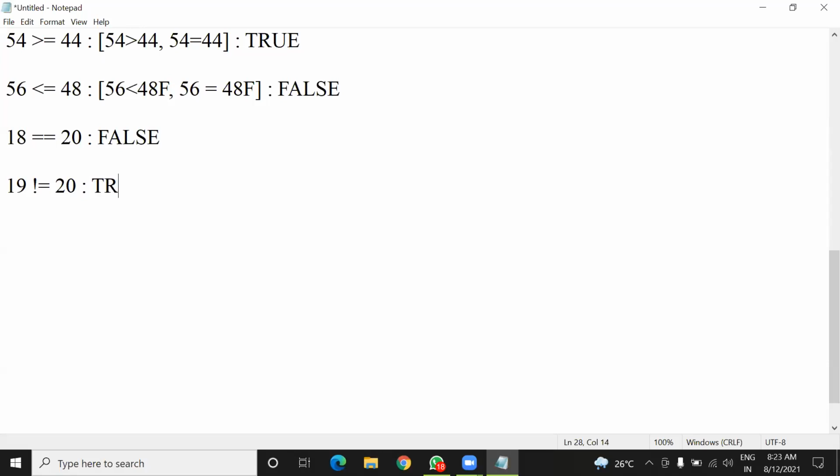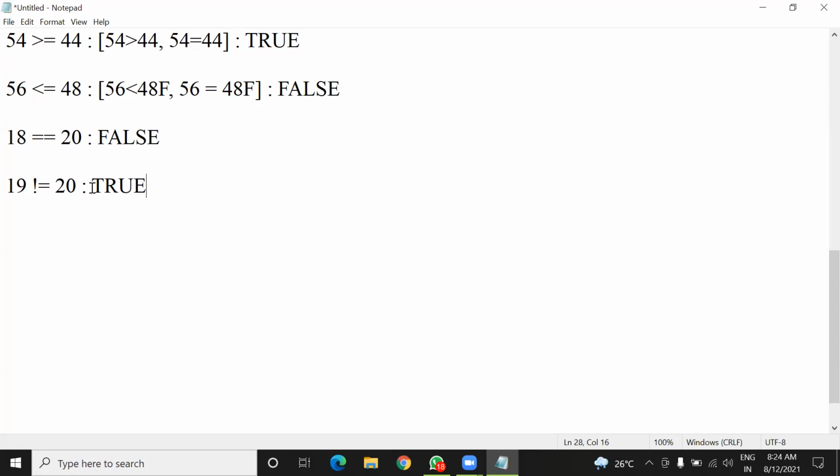Yes, it is true. Why? Because here I'm saying 19 not equals to 20, and these two are not equal. That is why it is true. Understood, everyone? Yes, sir.